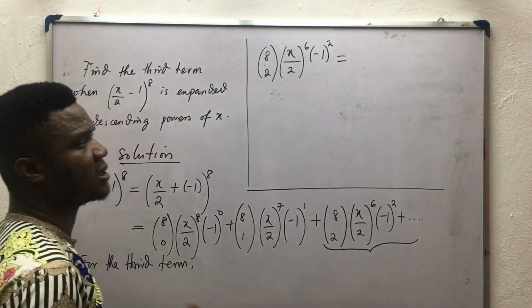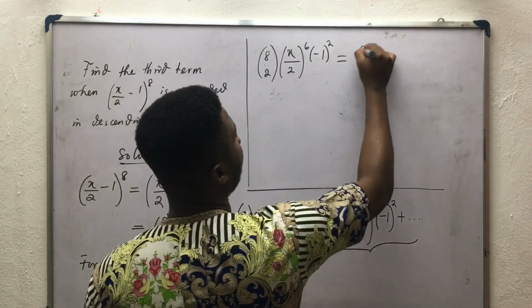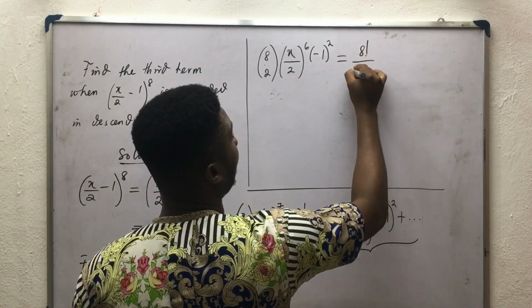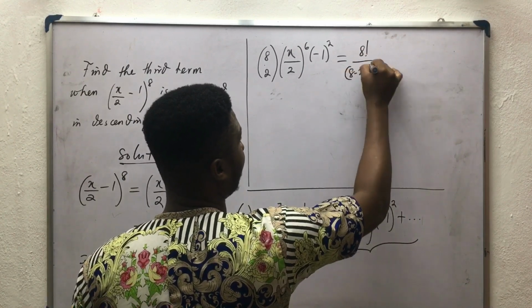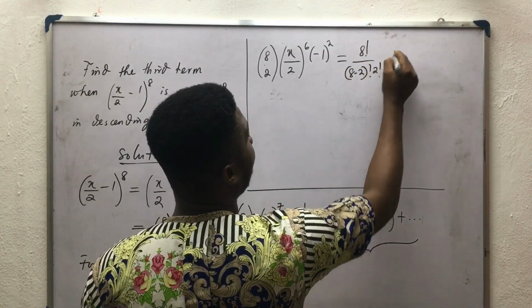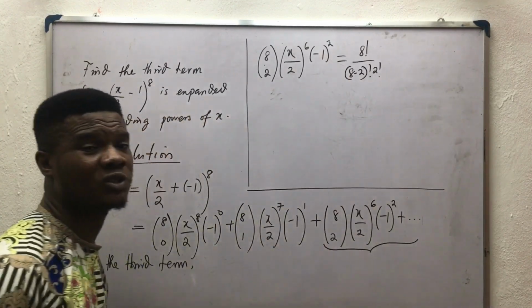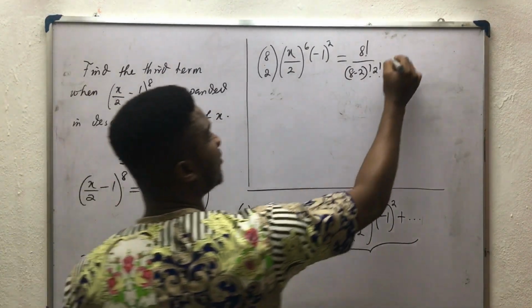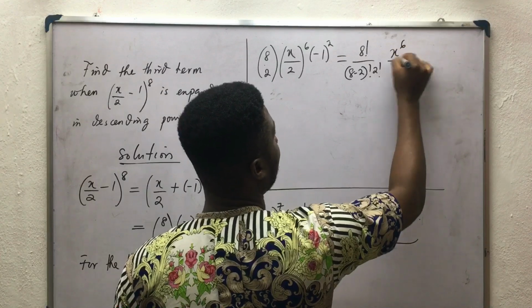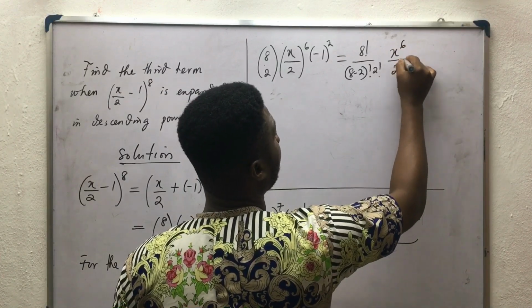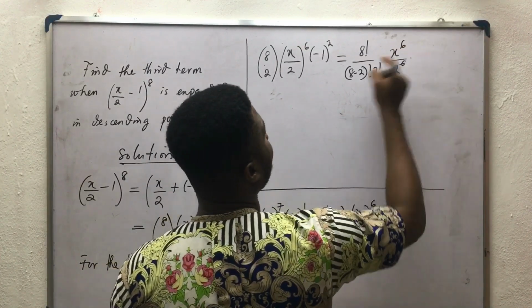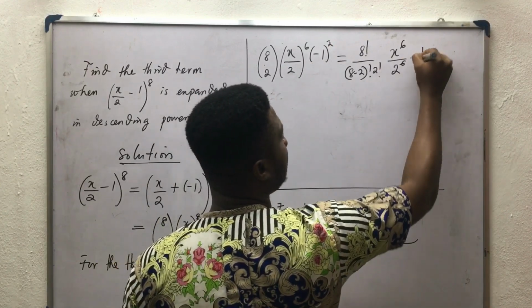And that, when it simplifies, gives us 8 combination 2, which is 8 factorial all over (8 minus 2) factorial, 2 factorial. And x/2 raised to the power 6 gives you x raised to the power 6 all over 2 raised to the power 6, and minus 1 all squared returns 1.